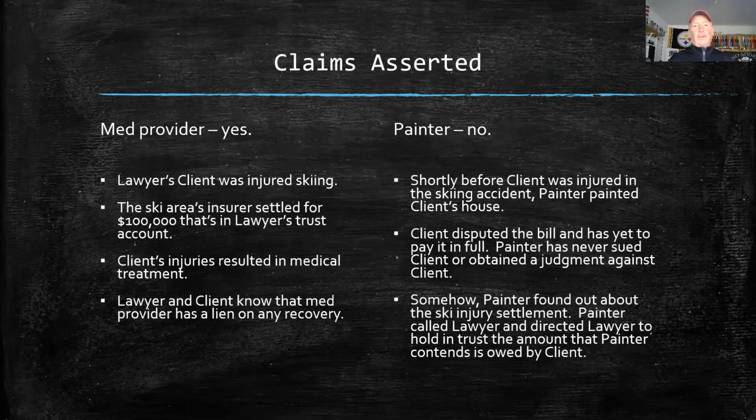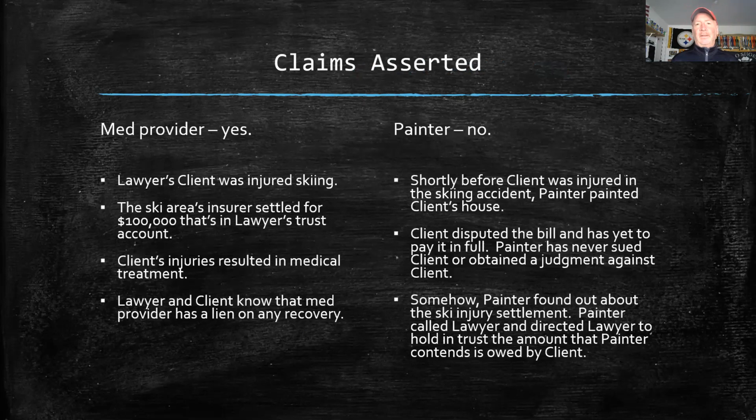So let's say a client was injured skiing, and the ski area's insurer settled for $100,000 that is now in the lawyer's trust account. Client's skiing injuries resulted in medical treatment. Lawyer and client know that the med provider has a lien on any recovery.